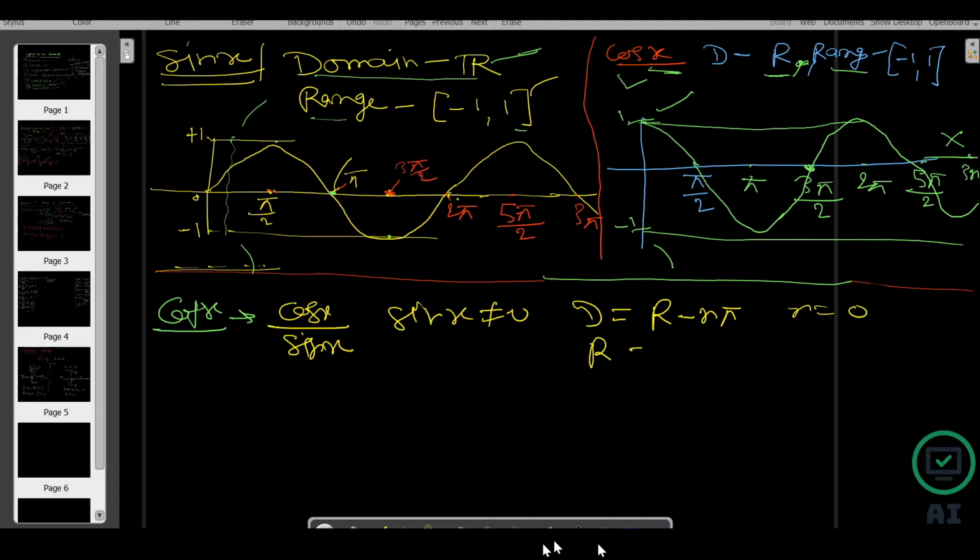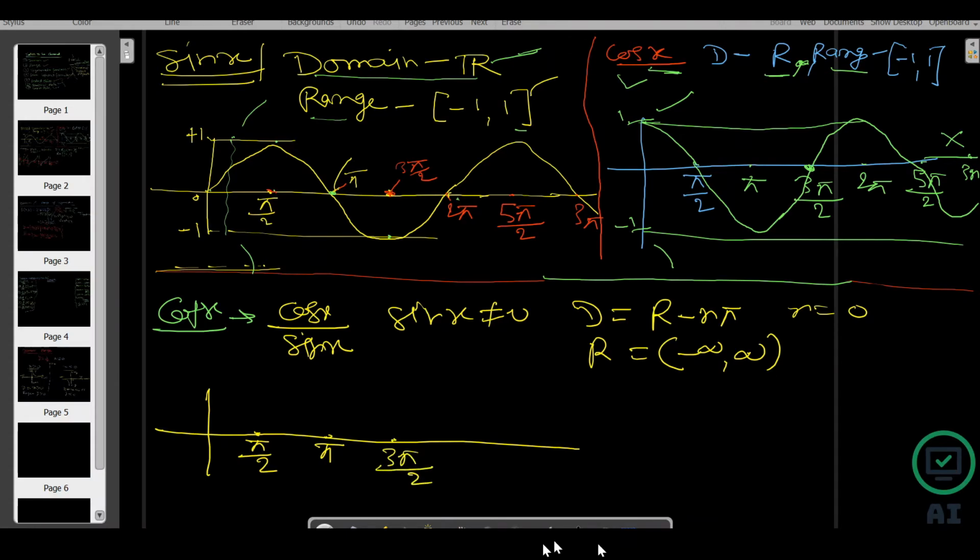What is the range of this function? The range is minus infinity to plus infinity, and the graph for this is nothing but this: pi by 2, pi, 3 pi by 2, 2 pi, 5 pi by 2, and 3 pi.